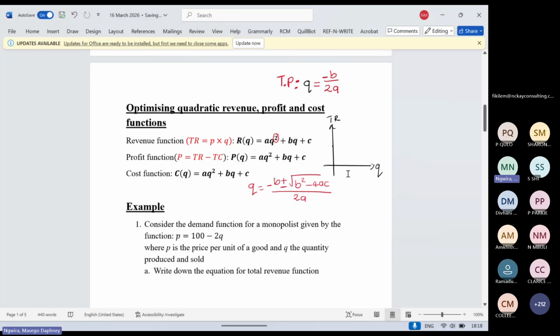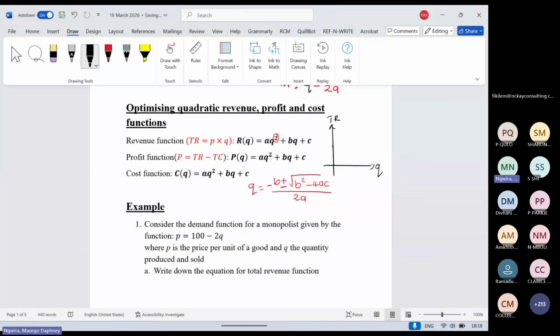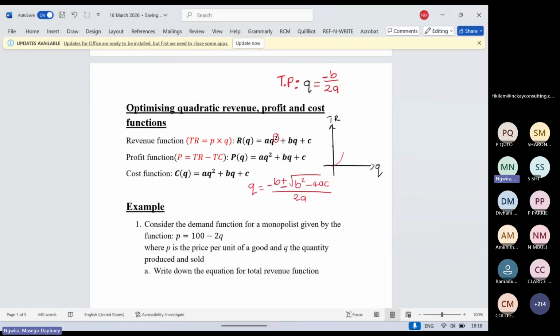Now we are drawing it as a quadratic, so our graph is going to look something like this. This will be a parabola, just as an example.